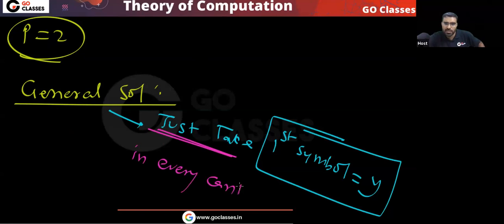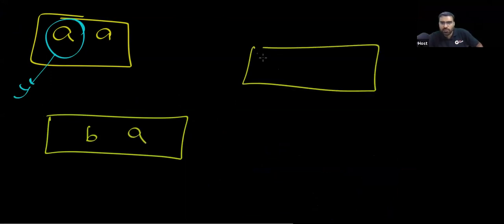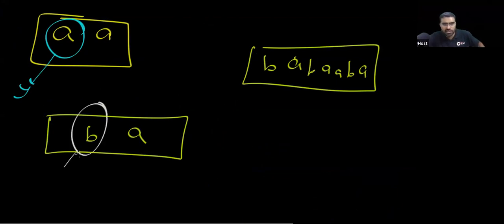In every candidate string. Can you visualize? Whatever candidate string you have, I can give you any candidate string, in every candidate string just take this first symbol equal to y.